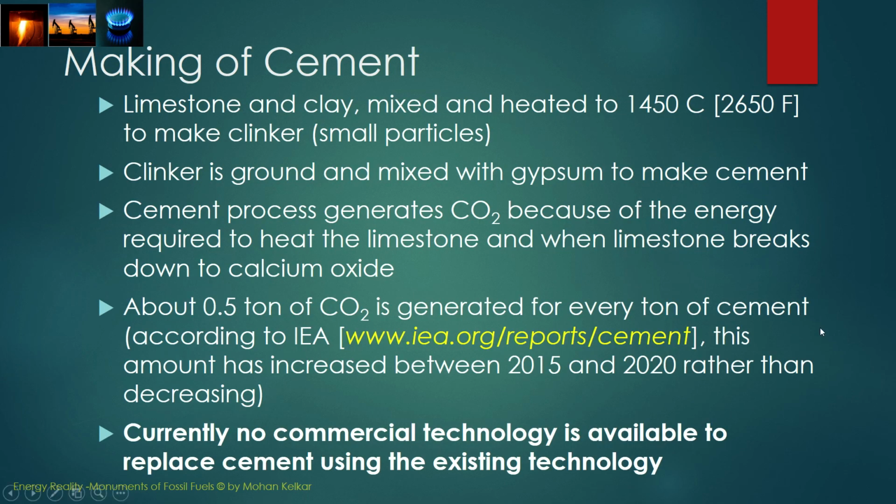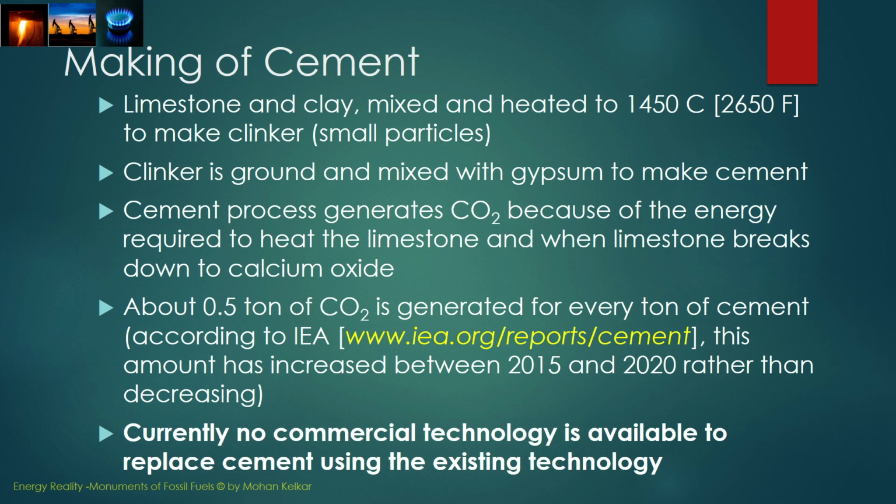Making of the cement requires mixing of limestone and clay and heating to about 1450 degrees Celsius or 2650 Fahrenheit. It makes the clinker. Then the clinker is ground and mixed with gypsum, and that makes the cement. Cement process generates CO2 because of the energy required to heat the limestone and when the limestone breaks down to calcium oxide.